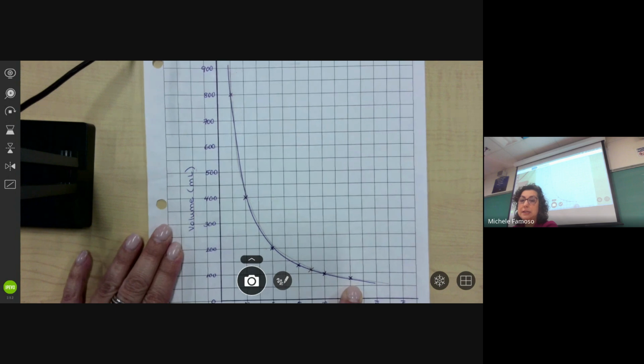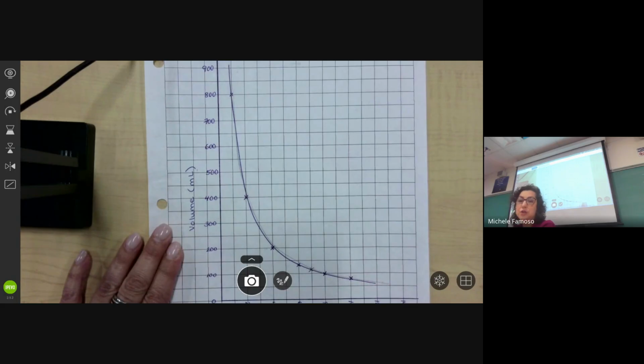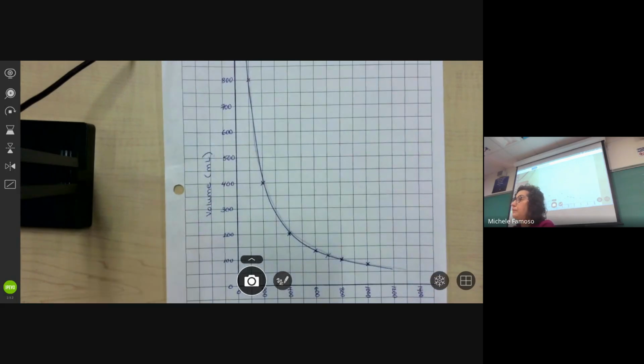So I should clearly see 7 data points. And then I should see a nice smooth curve as best as you could free-handed. All right, any questions on the first graph? Okay, and I will be checking that you are plotting every point correctly. One point incorrectly plotted loses you a point.